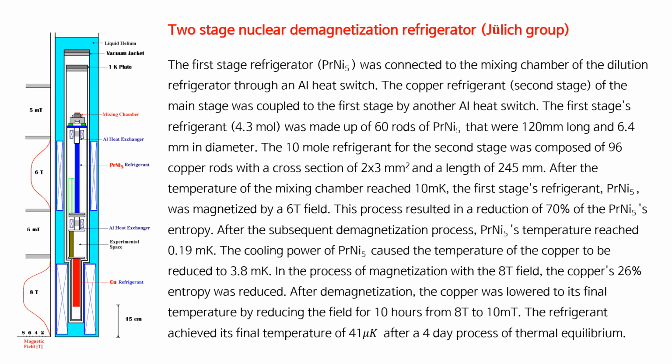This figure shows the two-stage nuclear demagnetization refrigerator made by a Chilean group. The first stage is PrNi5 refrigerant, and the second stage is copper refrigerant.